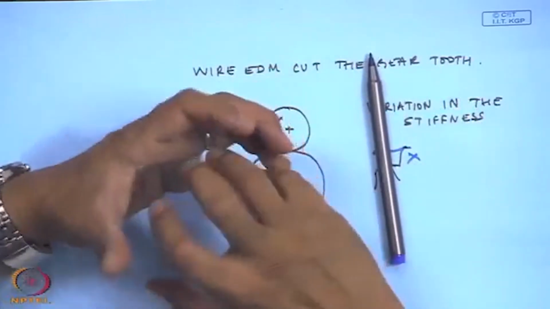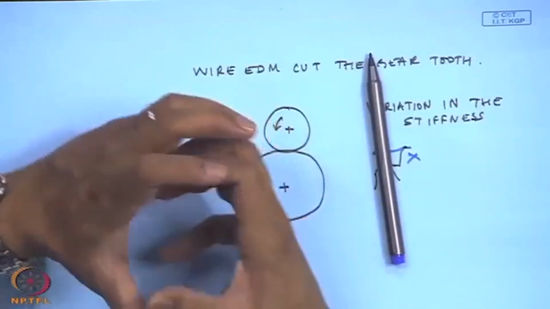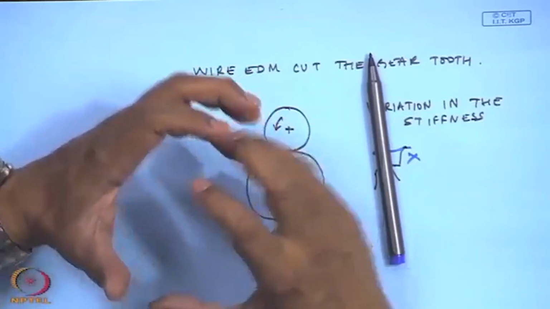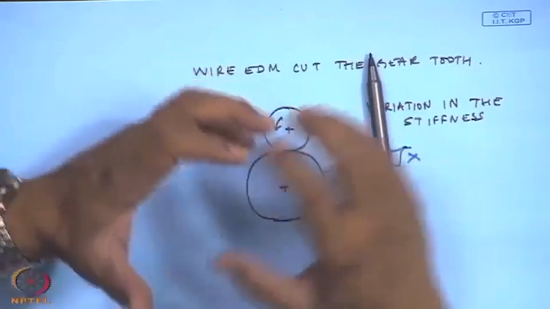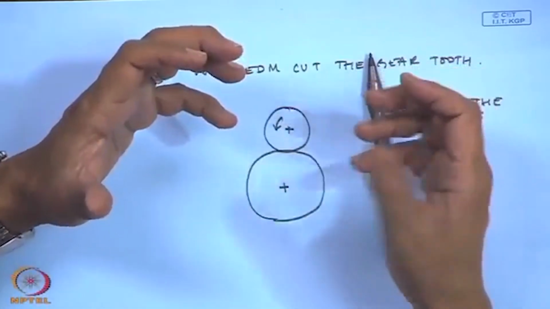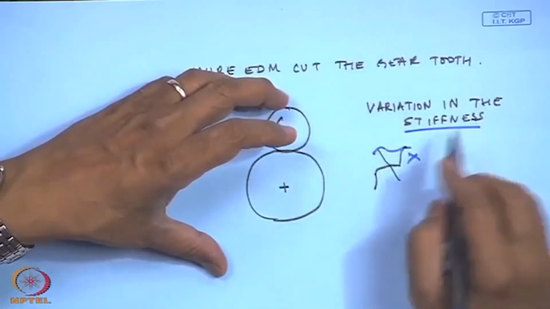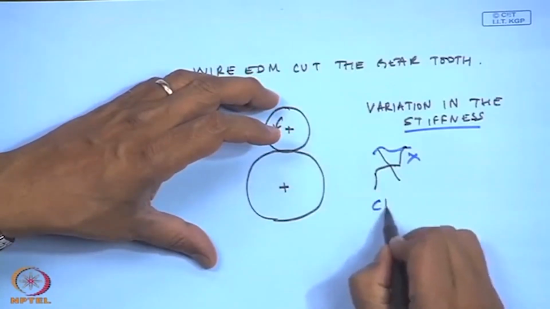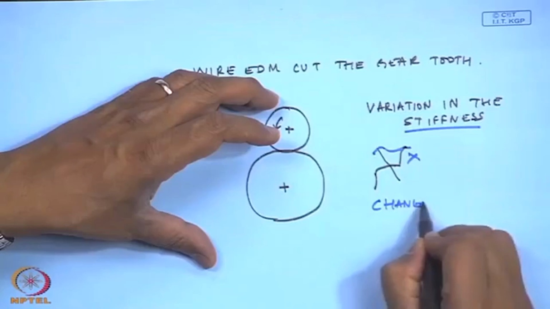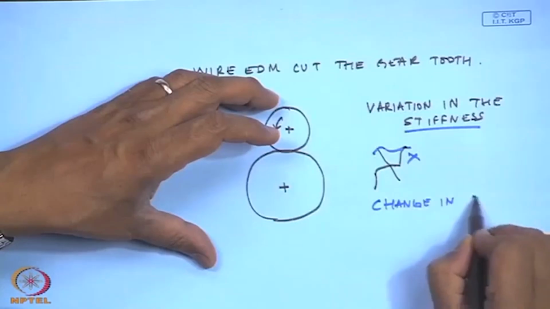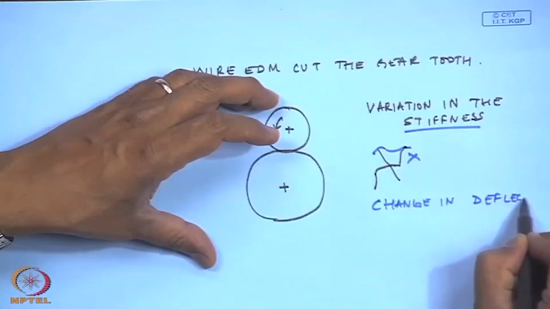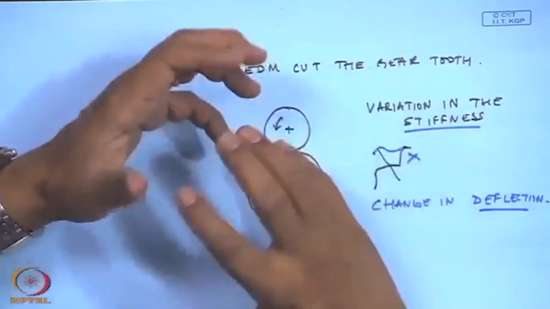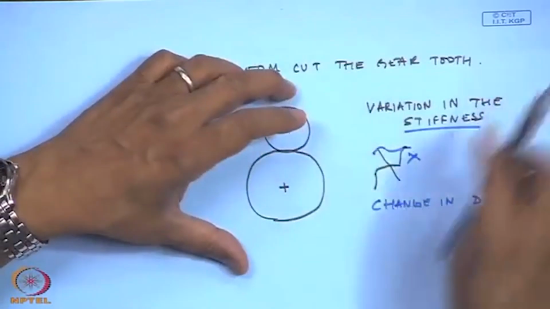Momentarily, it is not going to have that resistance on it. So, this will lead to a change in its stiffness. Material is not there. So, this variation in stiffness leads to a sudden change in the response, a change in the deflection of the gear. So, these deflections will be responsible for creating a vibration.